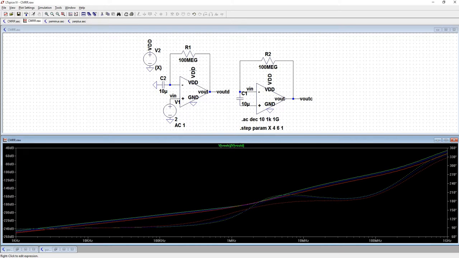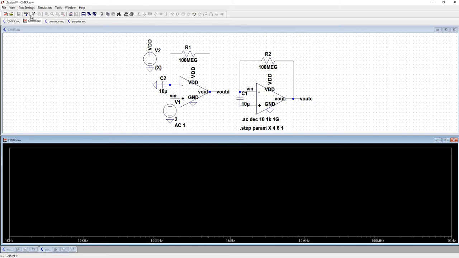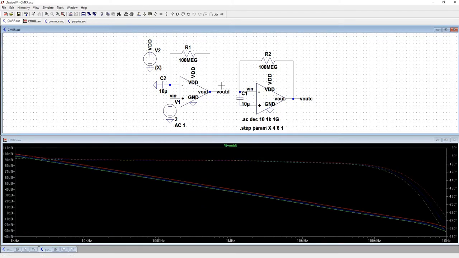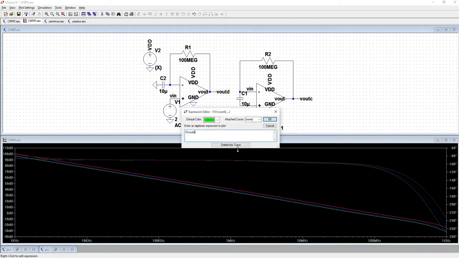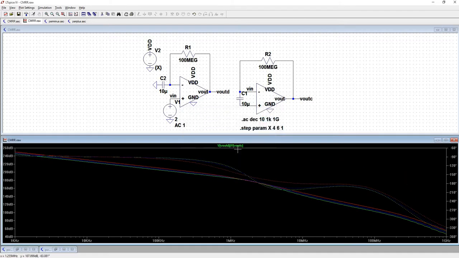What happened here? I think I did it backwards, that's why. V out D. There we go. That's how it should be. So V out D divided by V out C. Yes. Okay, so that looks much better.